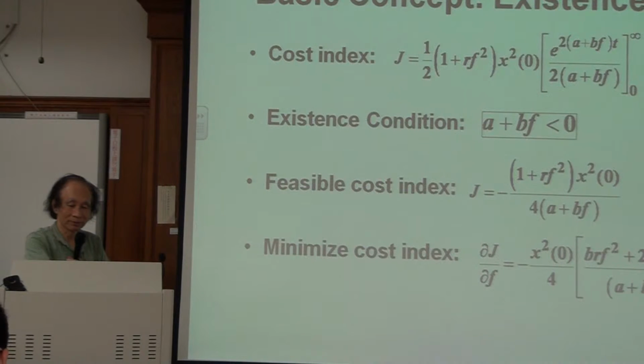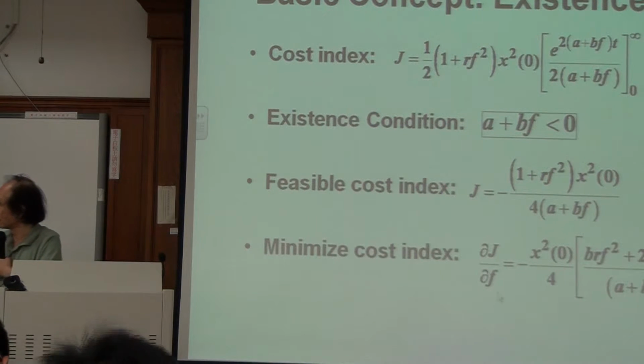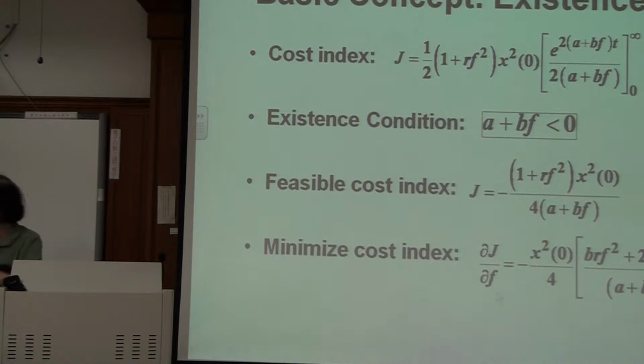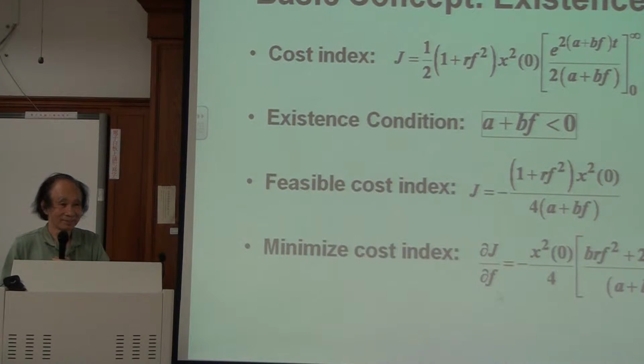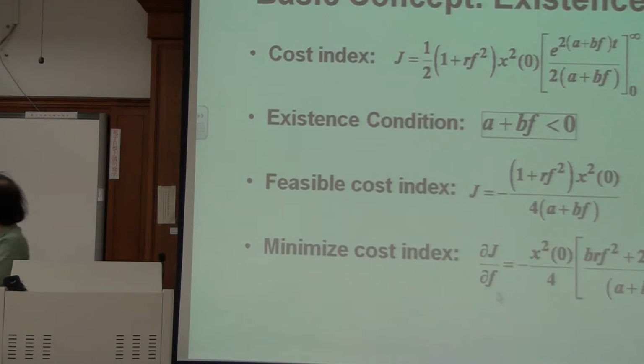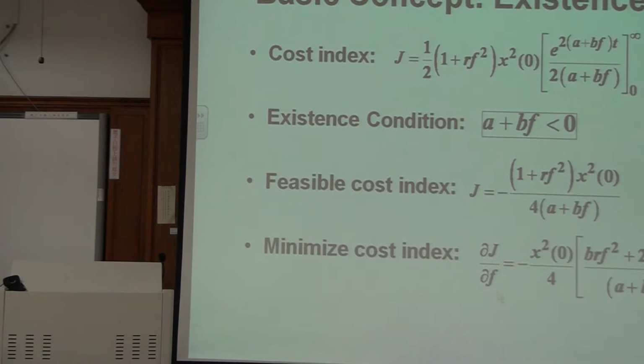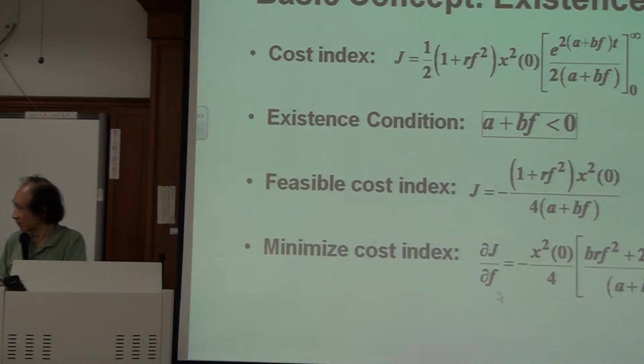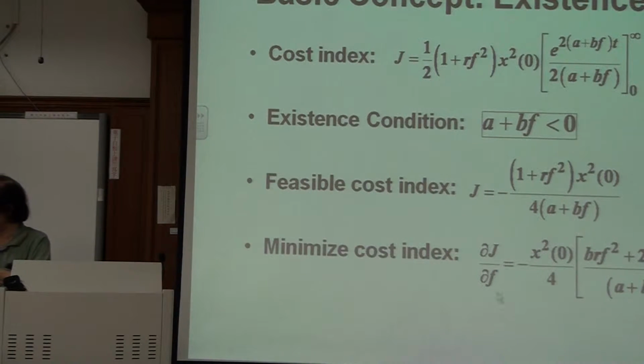All right, we have another question. In this, we have only one point, which is the minimum. Can we have multiple points? What is the minimum? For example, can I have a cost index like this, J versus F? Can we have a cost index like this curve?